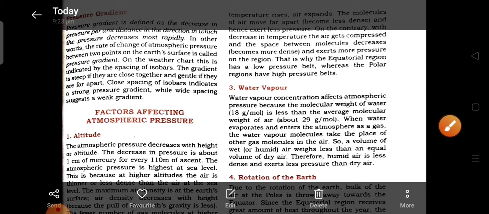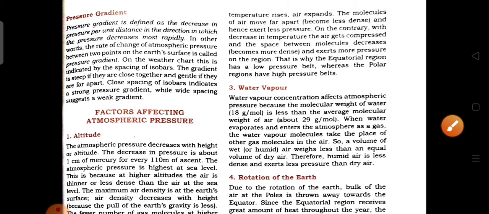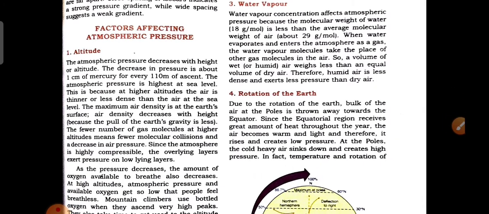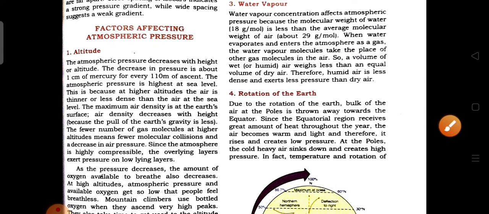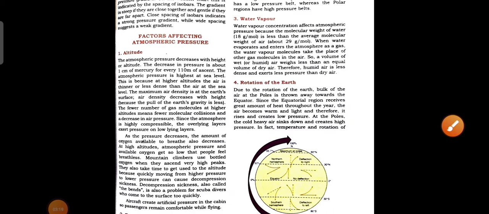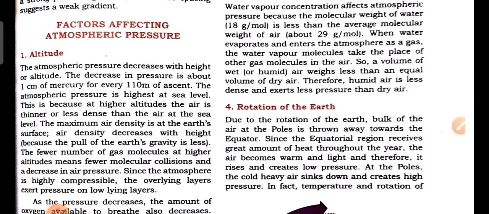Now we will go to the factors affecting atmospheric pressure. The atmospheric pressure depends upon various factors. The first factor is altitude. Pressure decreases with height or altitude.